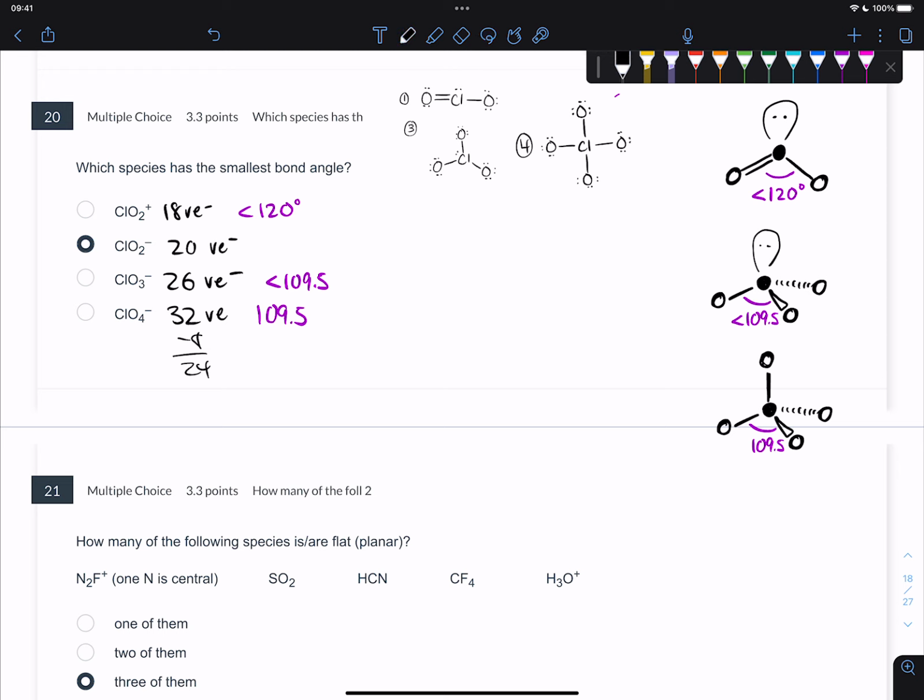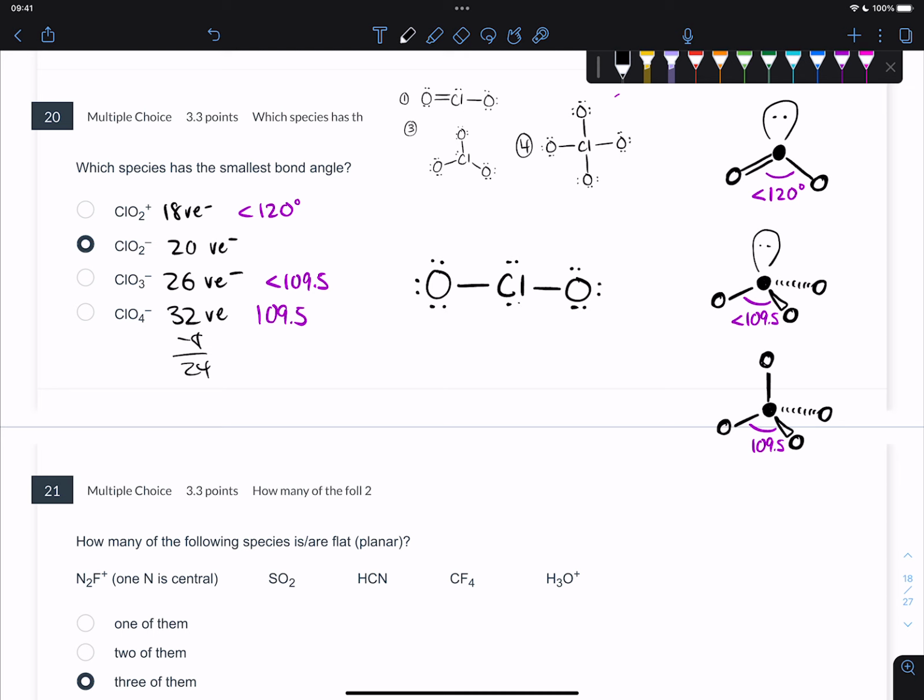We have 20 valence electrons to use. So let's put Cl in the middle and our O's around the edge. All right, so of our 20, we're going to use up 1, 2, 3, 4 to do the basic bonding. That gives us 16 remaining. 1, 2, 3, 4, 5, 6, 7, 8, 9, 10, 11, 12, 13, 14, 15, 16.